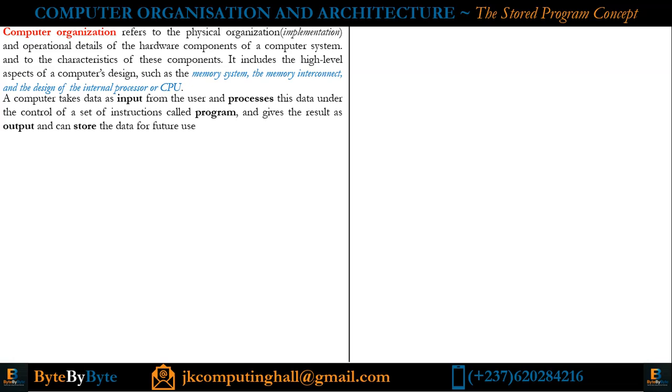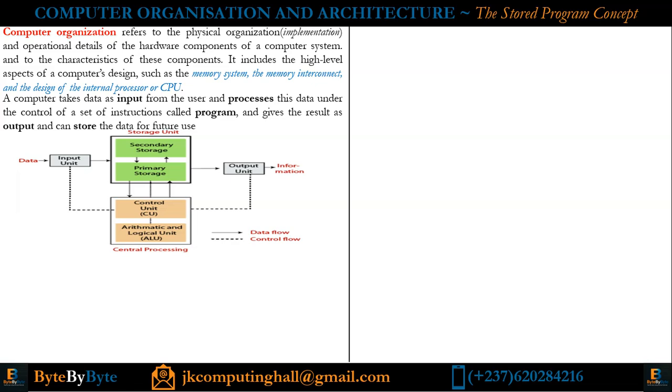for future use. Now, this is the basic diagram of the functioning of a computer system. Data is entered with the use of the input unit, the unit responsible for taking data from the user and entering it into the computer.